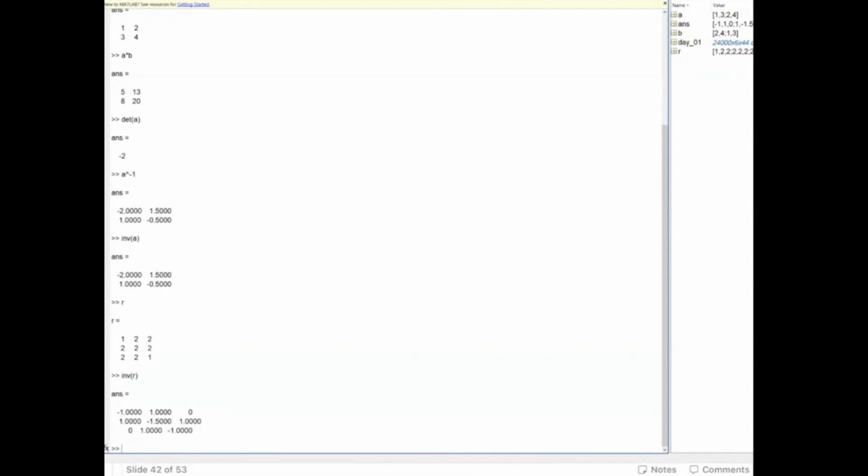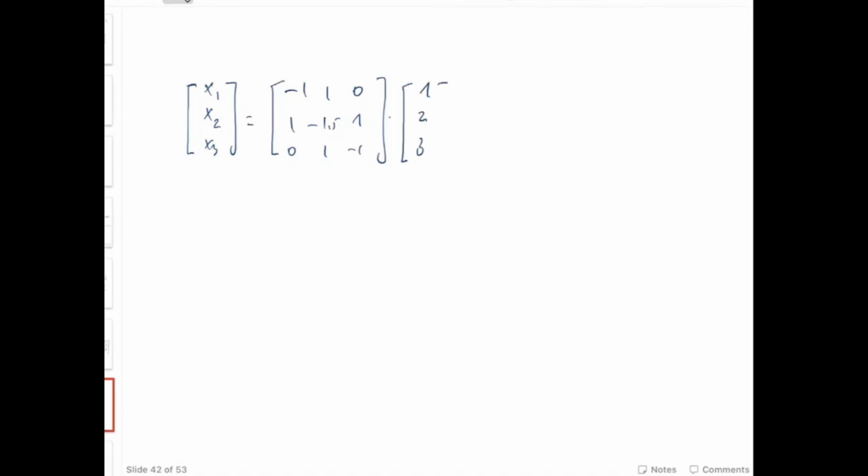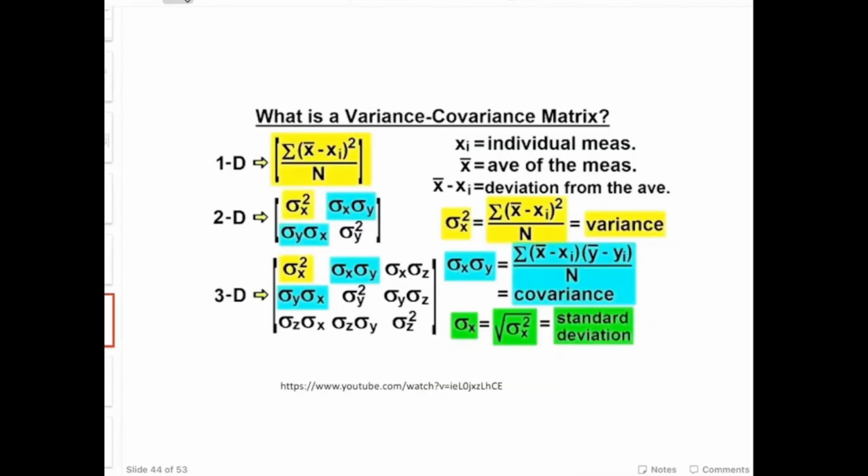We go back to the slide, so that we have the solution x1, x2, x3 equal to the inverse, minus 1, 1, 0, 1, minus 1.5, 1, 0, 1, minus 1, times 1, 2, 3. And what we get is the vector 1, 1, minus 1, which is the solution of the simultaneous equations we had here.